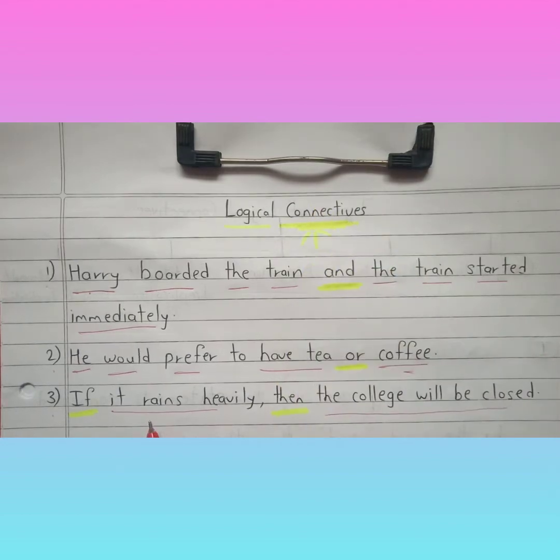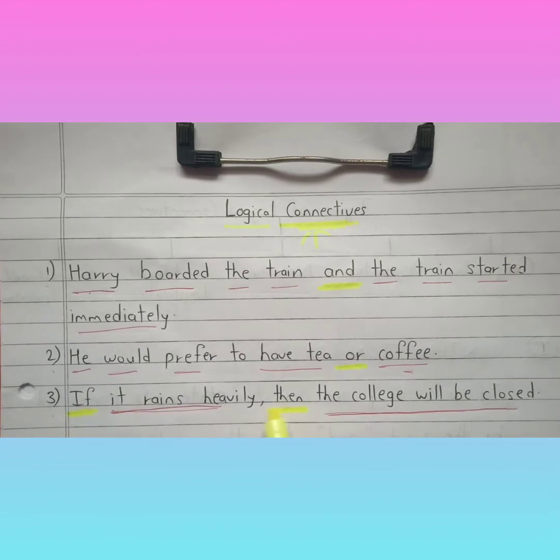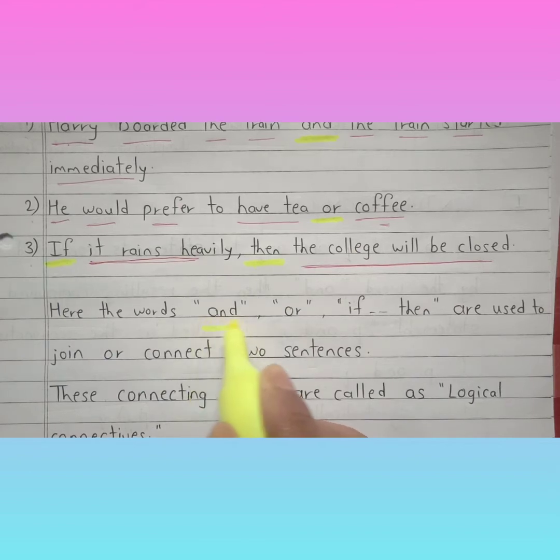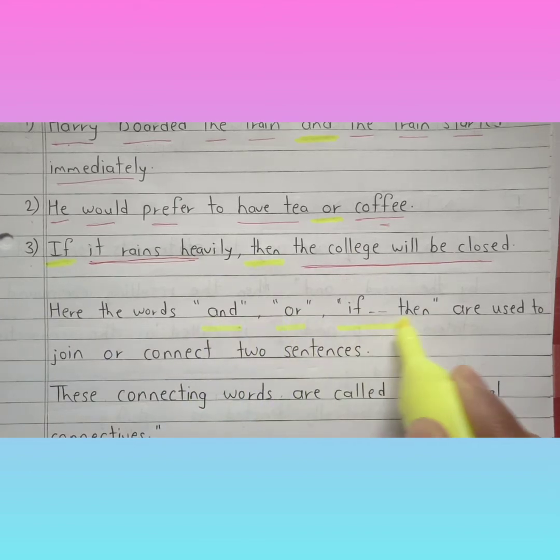Same will happen with the third one. 'It rains heavily' is the first statement, and 'college will be closed' is the second statement. You connected them with 'if then', that's why 'if then' will be your logical connective. Same we have written in the next slide: you can see here the words and, or, if then.